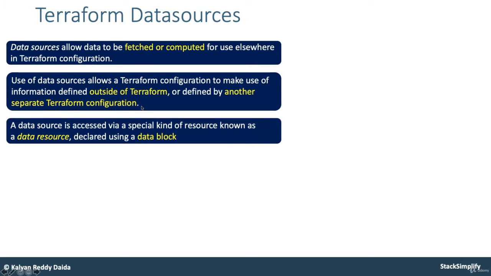A data source is accessed via a special kind of resource known as a data resource, and it is declared using a block called a data block. Let's see the example which we are going to implement as part of our demo directly in the introductory part itself.